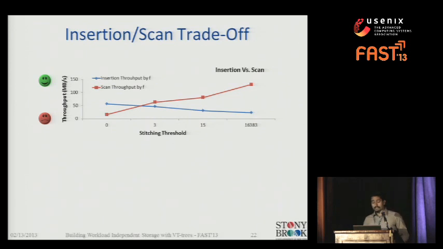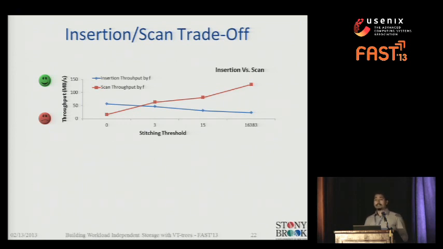We have a graph here with the x-axis showing the stitching threshold increasing from 0 to the max, and throughput on the y-axis, in MB per second, higher is better. As you could see, increasing the stitching threshold lowers your insertion throughput, but you get a better scan throughput at the same time. The leftmost configuration is LFS and the rightmost configuration is the LSM.